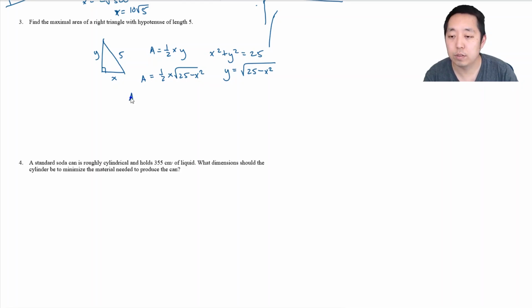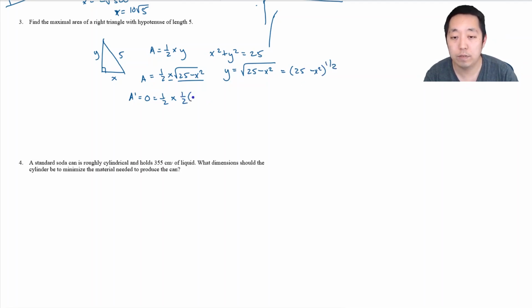Okay, so to maximize, I need to find the critical numbers when the derivative is equal to 0. Bring out the 1/2, and I'm going to do product rule between these two functions. This is going to be x times the derivative of this. This I write as 25 minus x squared to the 1/2, so I can use my power and chain rule correctly.